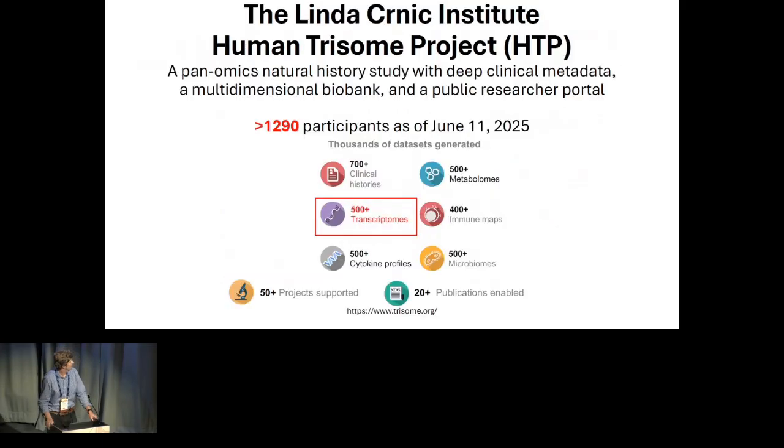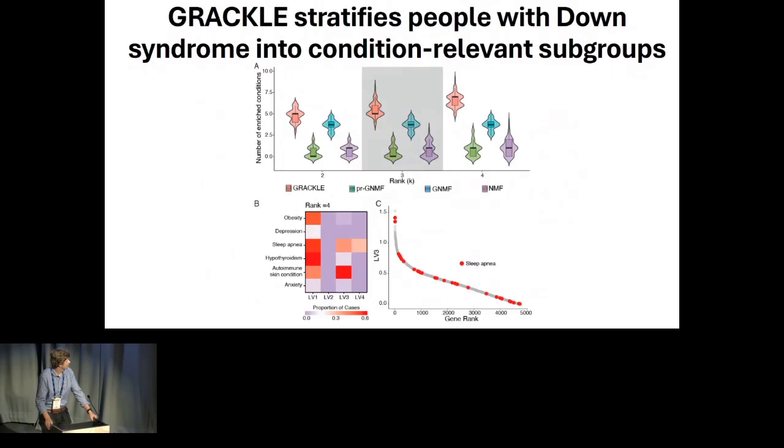So then finally, we applied this to some data from individuals with Down syndrome. We worked with the Human Trisome Project that had data on over 500 transcriptomes of people with and without Down syndrome. And what we saw is that GRACKLE was able to better identify enriched subgroups of co-occurring conditions, and that within those enriched subgroups of co-occurring conditions, the genes ranking highly on the loadings were actually related to those conditions in other data sets.